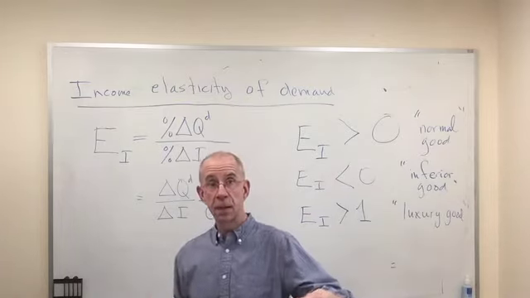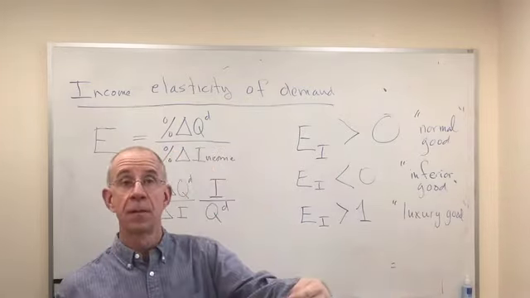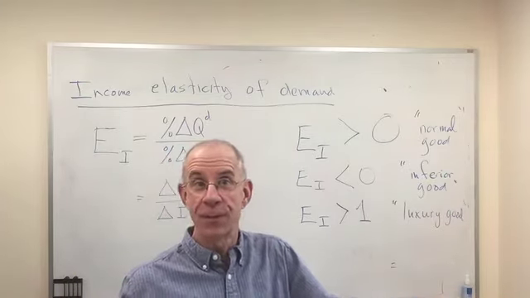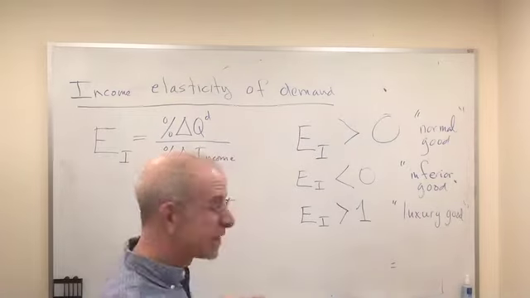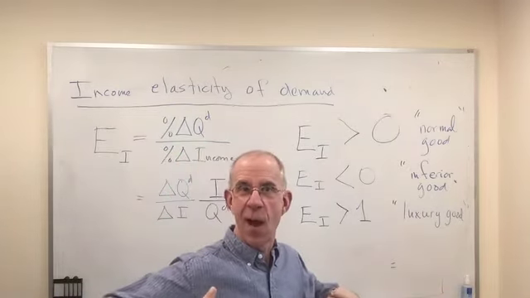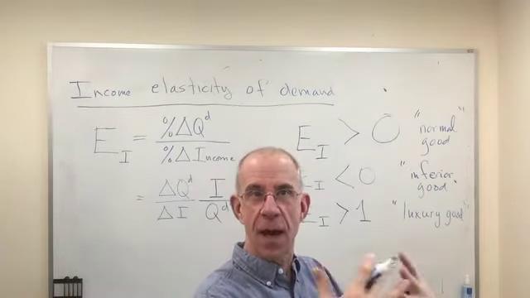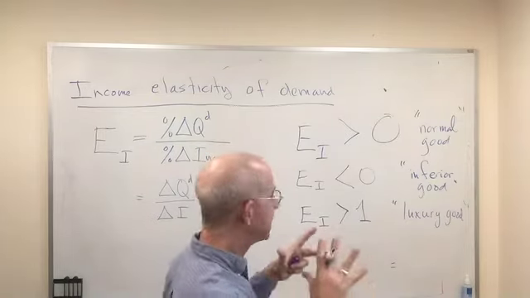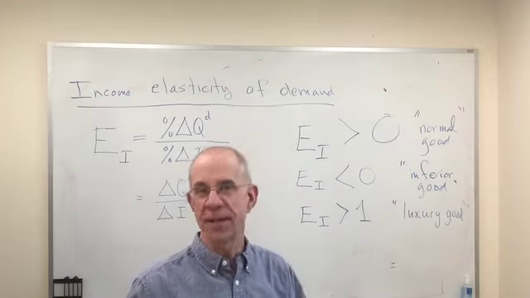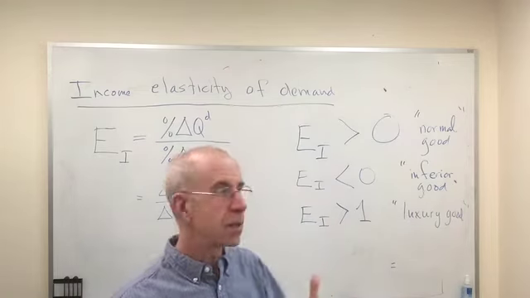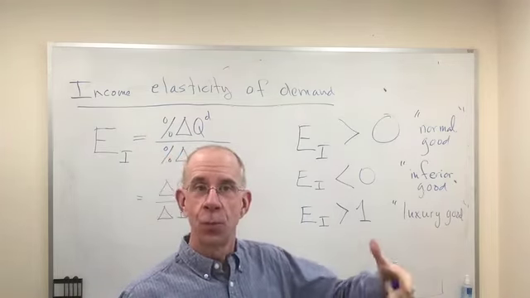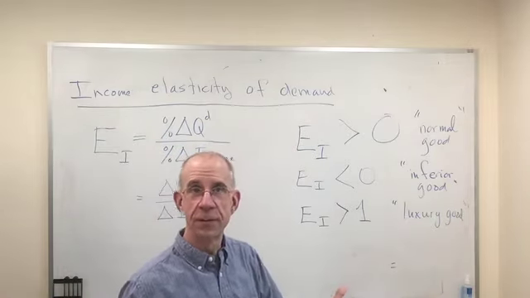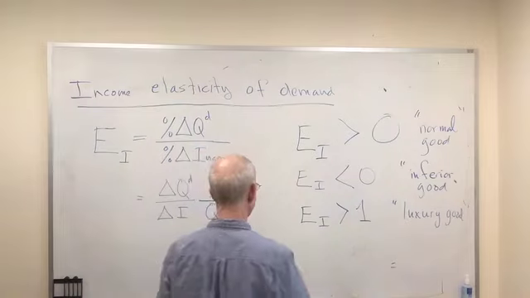You give me 2% more income, and I'm going to buy 4% more of this good. I can now afford this, and as my income gets higher and higher, I'm going to buy even more of this. So this is a particularly nice good. It's a luxury, and you only start to buy more of this when your income goes up.